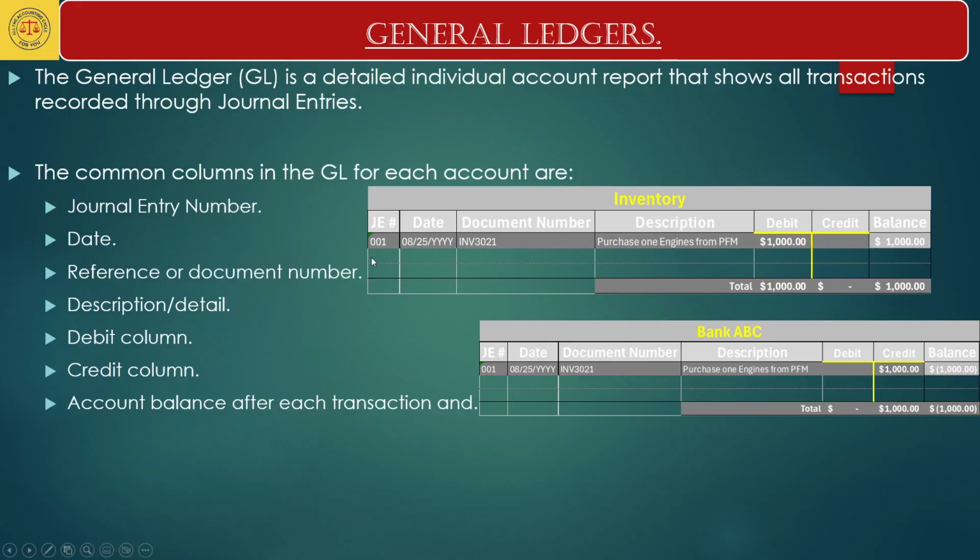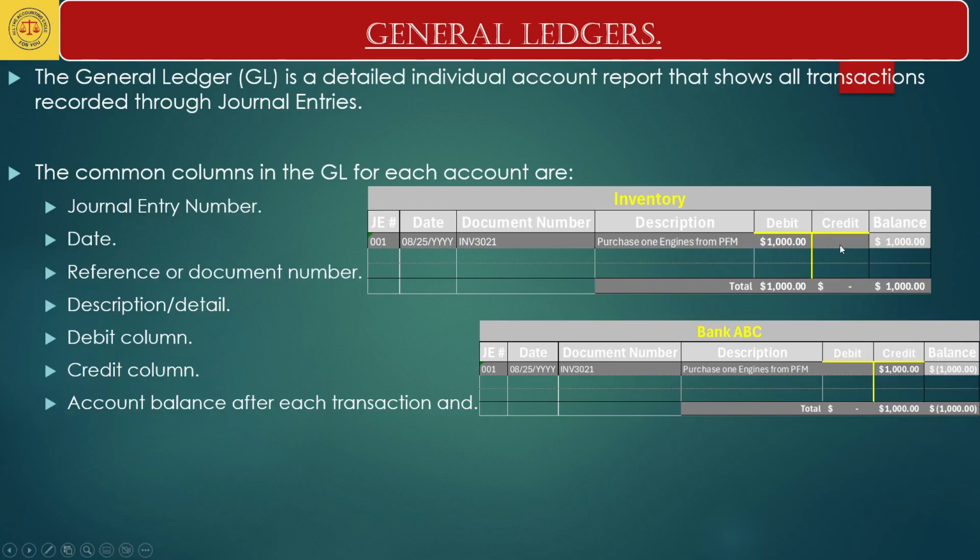Let's say that we have another transaction here, general journal 002. And let's say that in that journal entry, we use $500 of our inventory. So if we put the $500 here, remember that when we were talking about assets, we said that asset accounts increase with debit transactions and decrease with credit transactions.